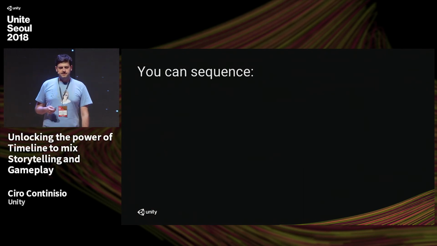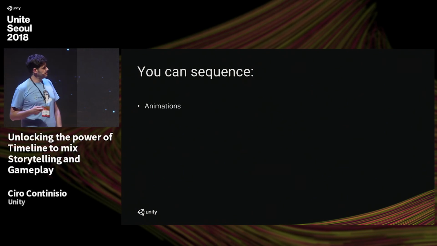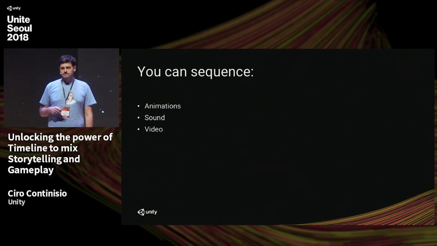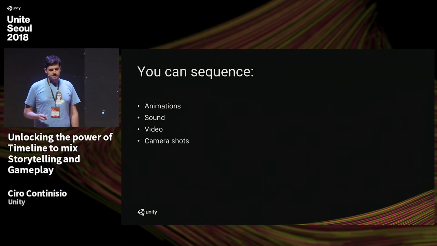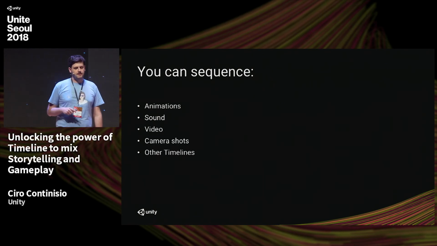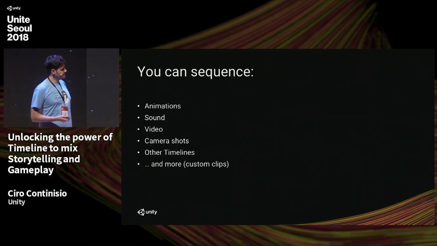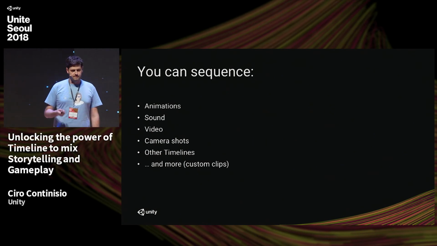With timeline, you can sequence many things. You can sequence animations, of course, sound, video, camera shots with the help of Cinemachine, and also other timelines. So you can put a timeline in a timeline, right? And then you can sequence more stuff when you script it, when you create your own custom clips.